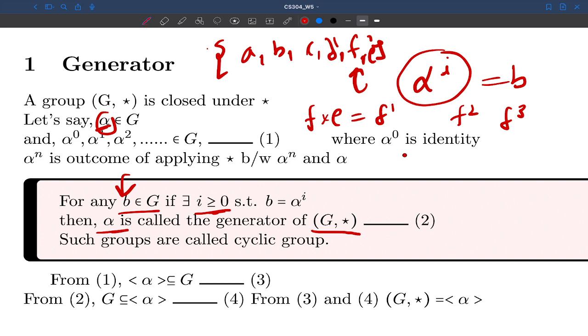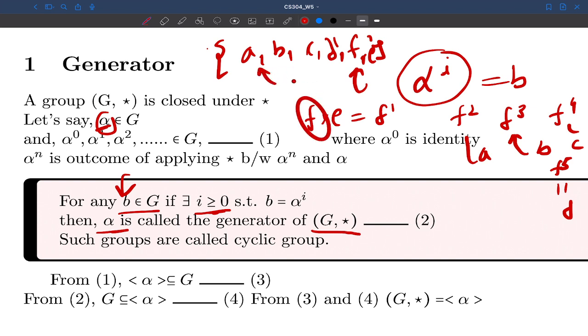And if F2 is equal to A, F3 is equal to B, F4 is equal to C, and F5 is equal to D, what does it mean? That using F, I am able to generate A, B, C, D, and F also.